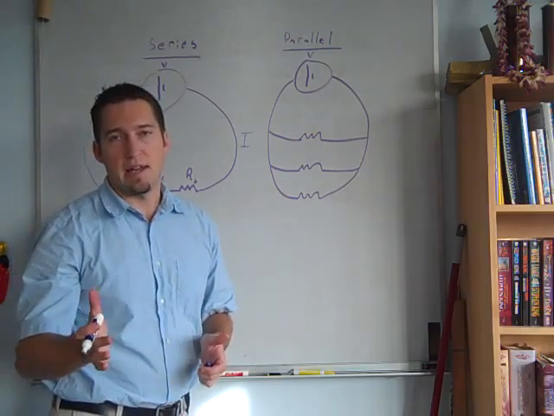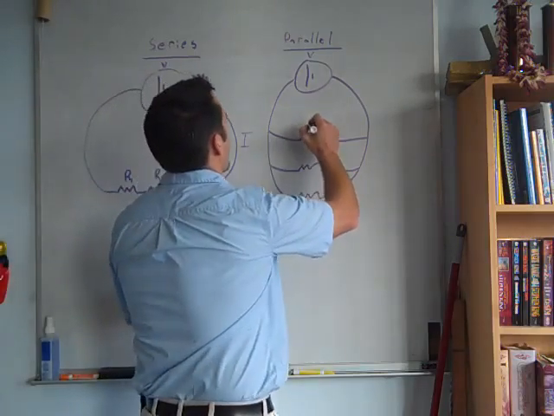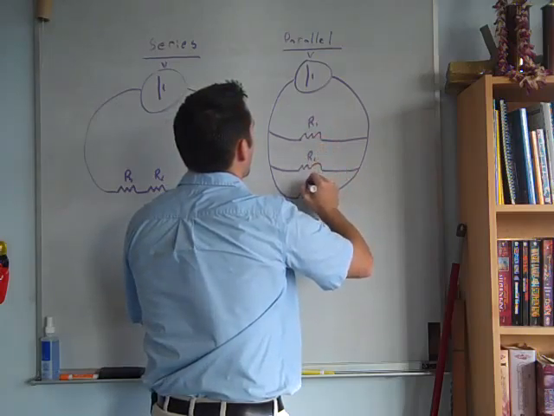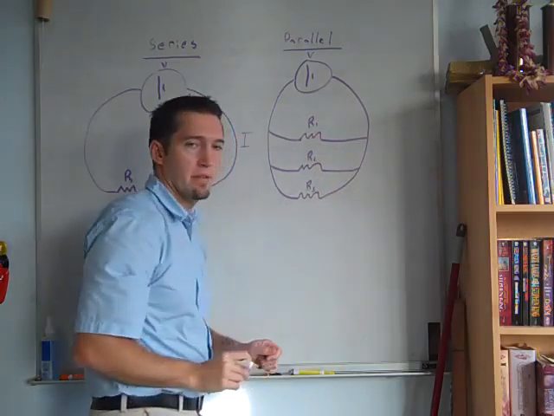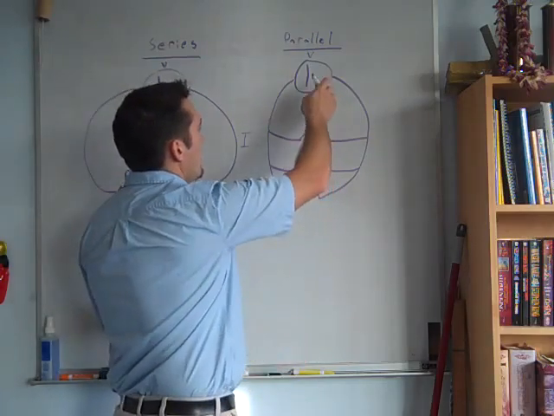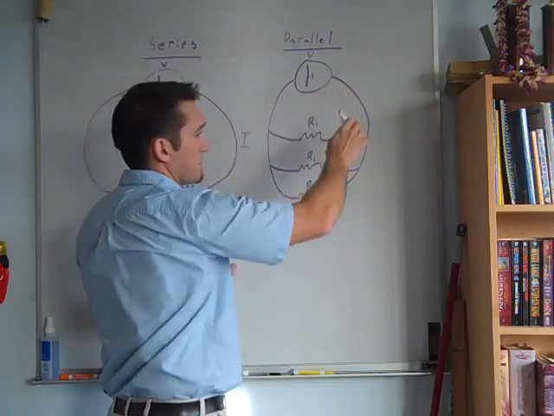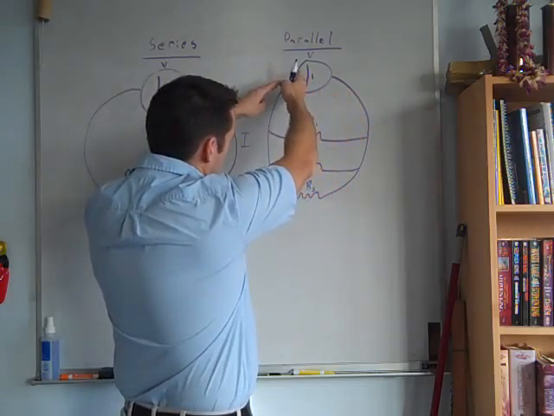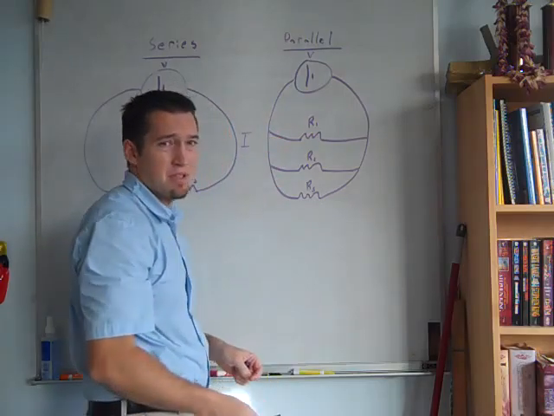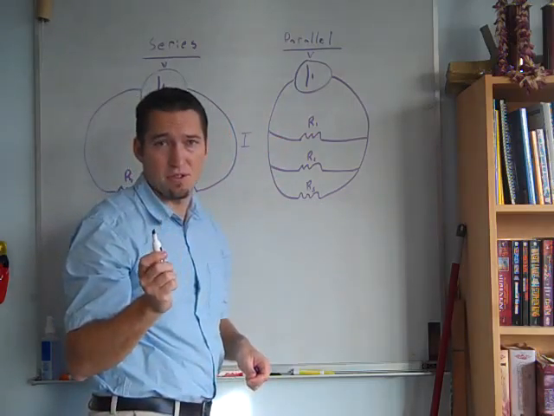So something interesting happens here. Here's R1, R2, and R3. The current across each resistor, because it's splitting, boom, boom, boom, the current across each resistor is the same. It doesn't drop at all.